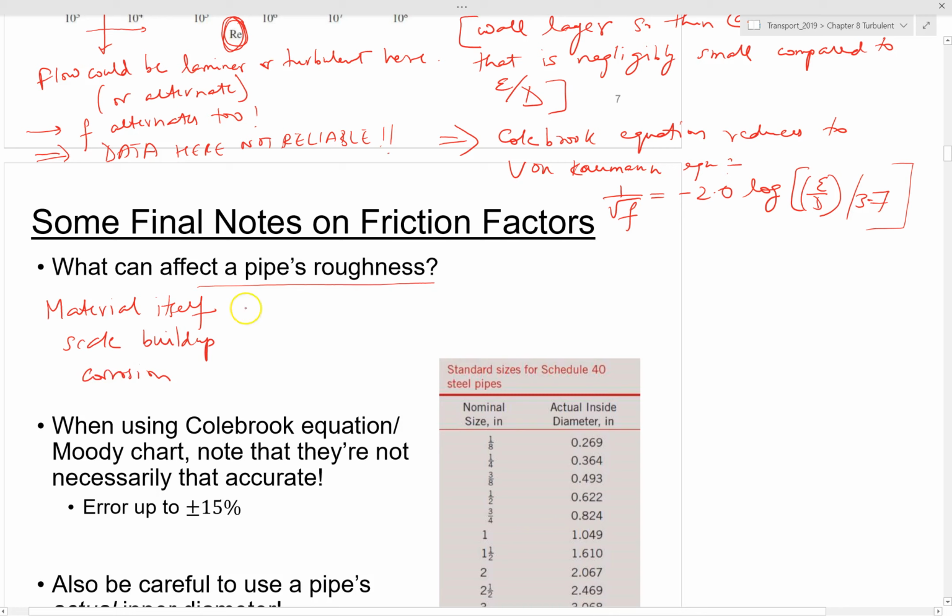Corrosion is an effect. And you should remember that roughness when new is not the same as roughness after years of use, and this usually increases over time.